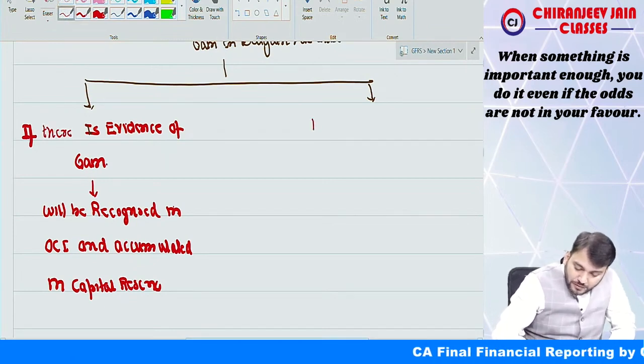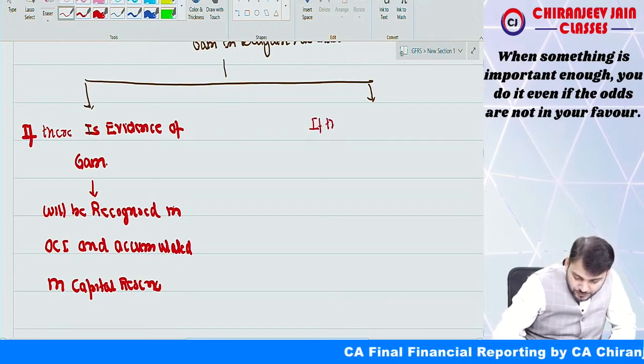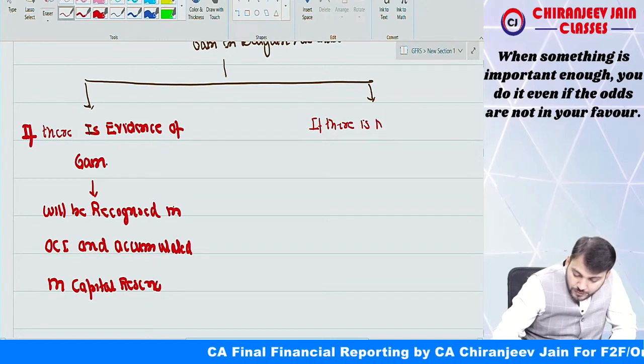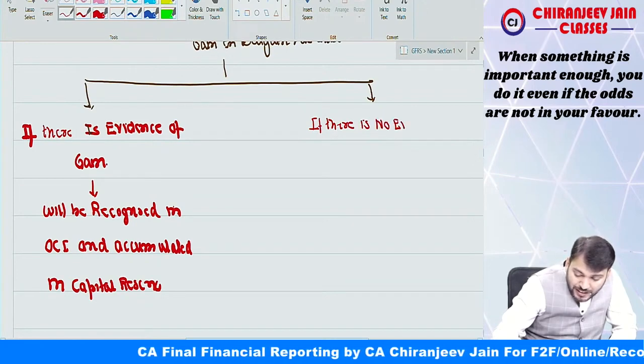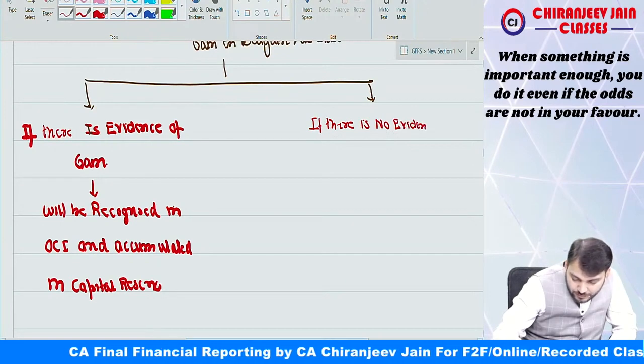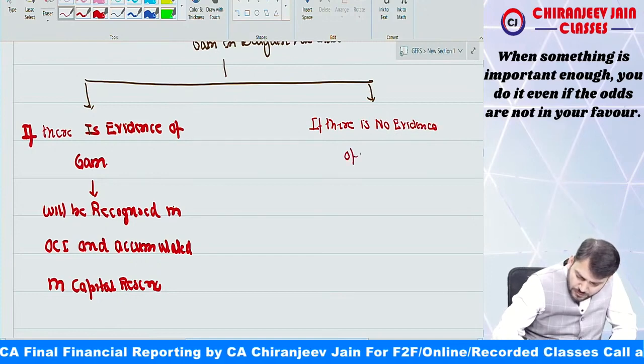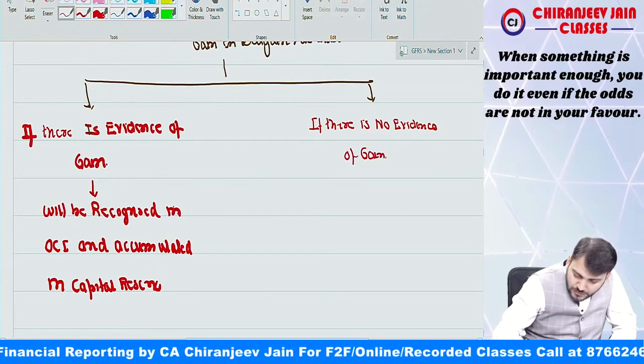So if there is evidence of gain, then if there is no evidence of gain, correct?